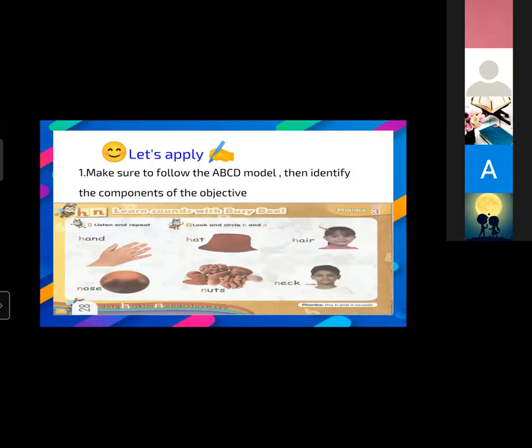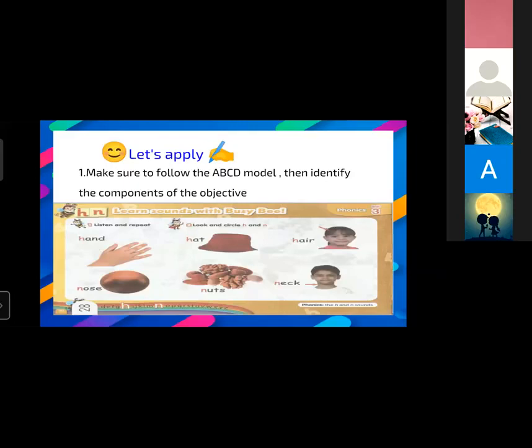Okay, the degree, how? Differentiate. Successfully. Yes, that's it, Ms. Noha. Differentiate successfully, well. So it's very important to choose the degree the learners will produce in the lesson or the objective. This is very important, okay?